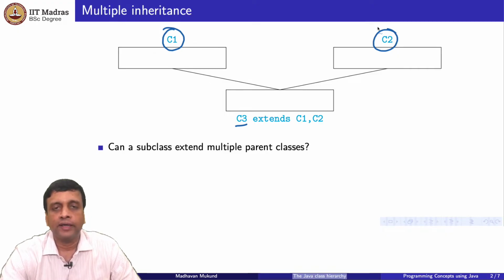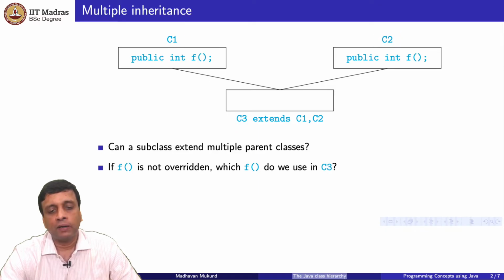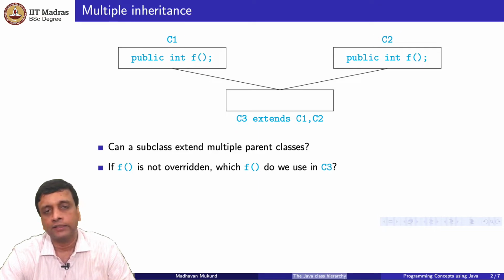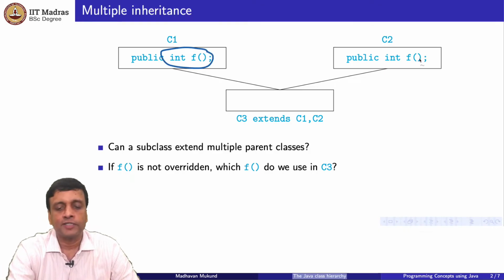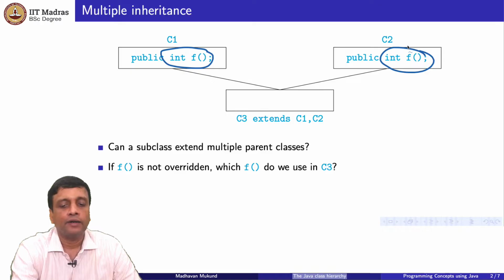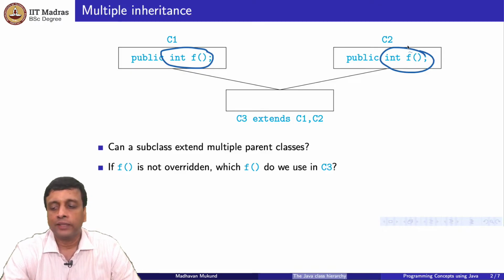Right? So it inherits capabilities and instance variables and functions from both C1 and C2. So the problem with having this kind of multiple inheritance is that there might be some contradictory definitions in the two or more parent classes. Suppose for instance, there is a function f here with an identical signature there, right?